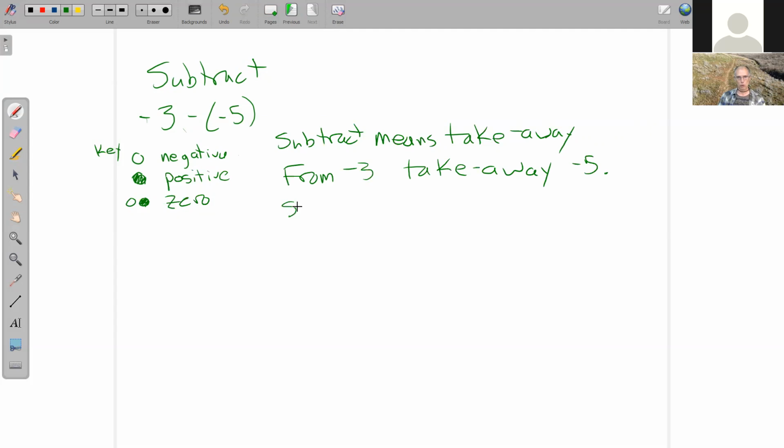So again, just like before, we have to start with -3. So draw that set. Now, a problem I have here that I didn't before is I can't take all of -5. There's just not enough.